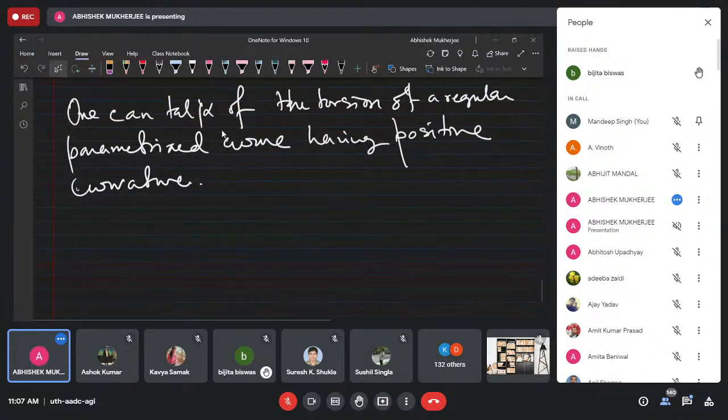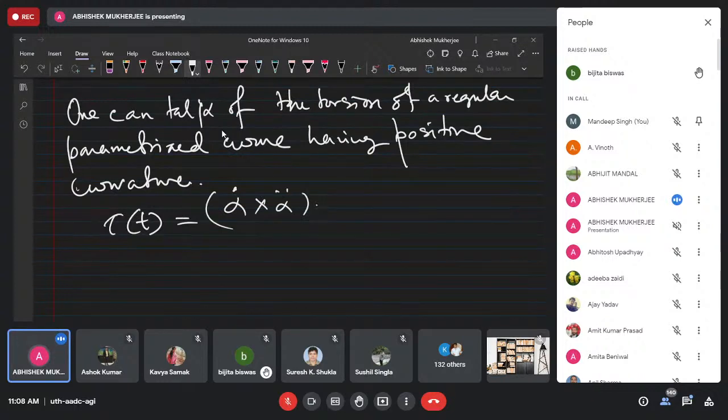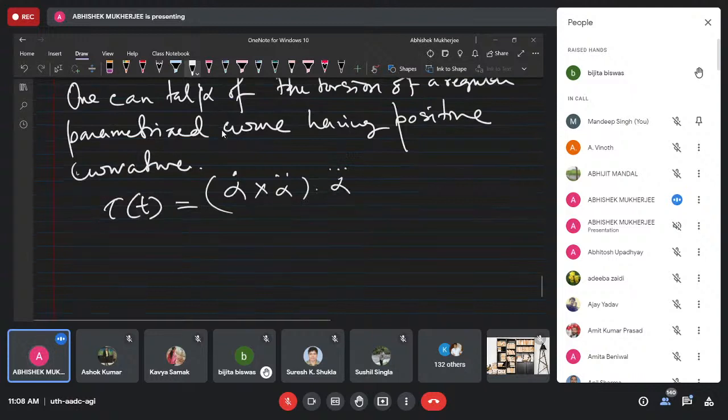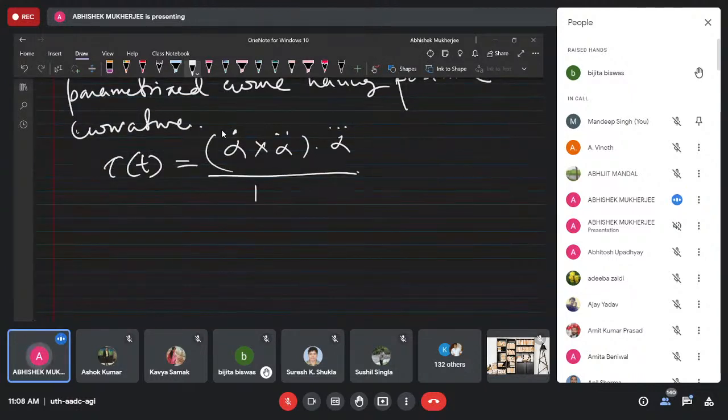And in this case also, you can compute the torsion for arbitrary parameter, and it will be something like this. That is, it will be alpha dot, taking with alpha triple dot by norm of dot cross this one.